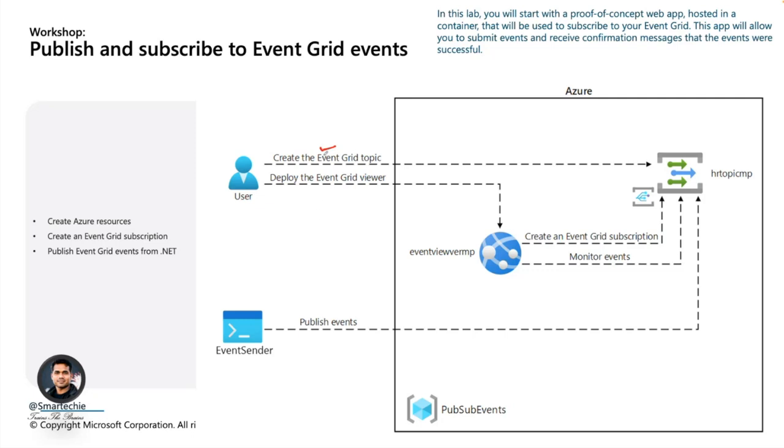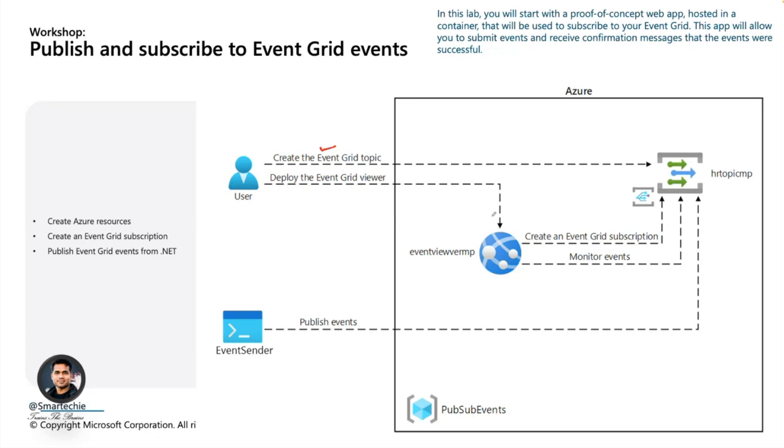So here, what we are going to do is create one Event Grid service, and in the Event Grid service we'll have a topic, right? So in that topic, whatever topic we have has to be subscribed. Once this topic is subscribed, it will be able to send the event into that particular Event Grid, right?